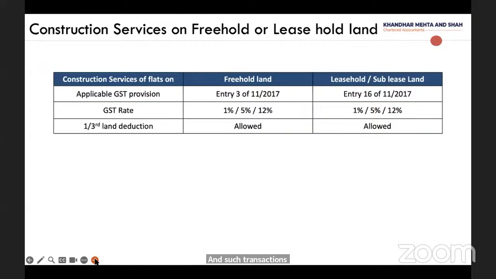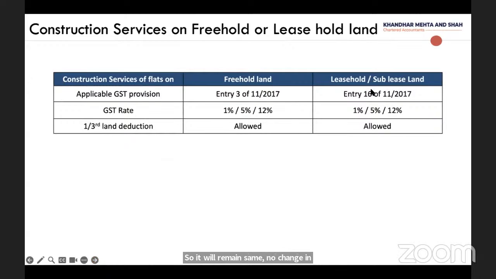So when we have discussed the transaction of long-term lease taken by the developer, now using that land of long-term lease and giving the construction service to the end customer, it will remain the same, no change in the taxability.